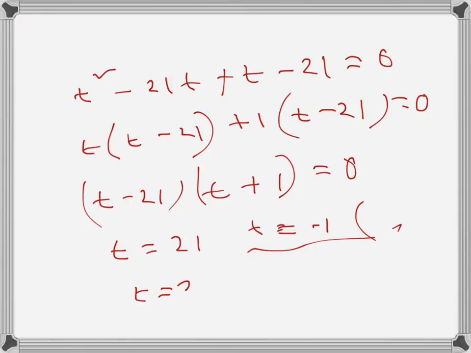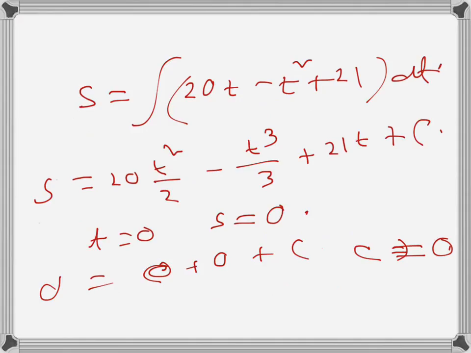So basically when time is 21 seconds, the distance becomes maximum. That's when the velocity direction changes, the velocity sign changes. So s is 10t square minus t cube over 3 plus 21t.